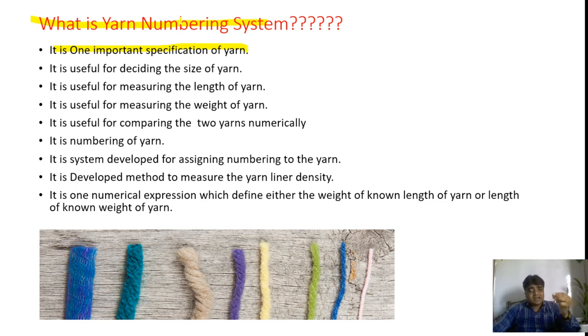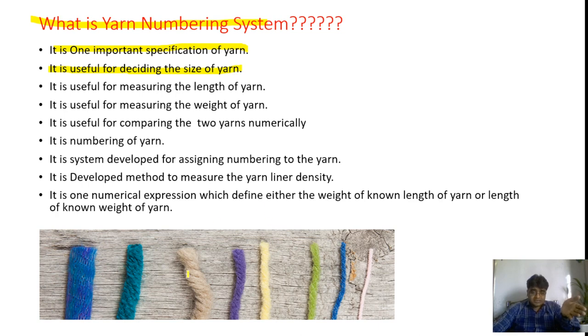Similarly, yarn numbering is one important specification of the yarn through which we can purchase it very easily without showing any kind of specimen. It is useful for deciding the size of yarn, whatever numbering system we assign.